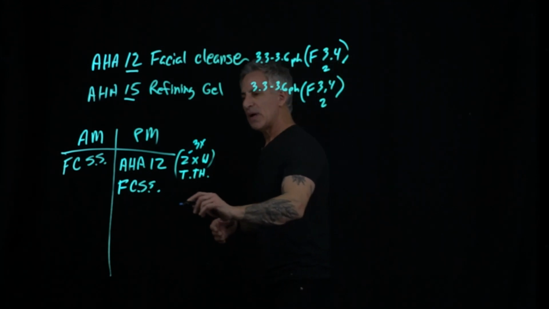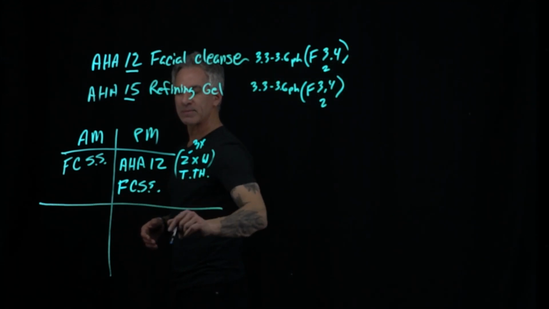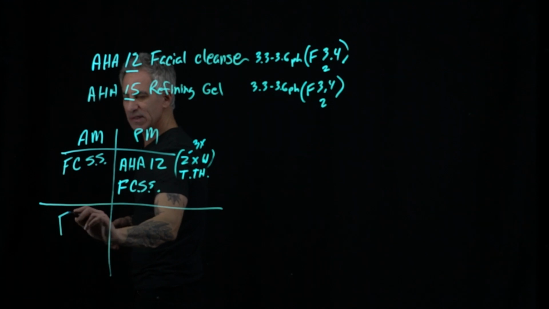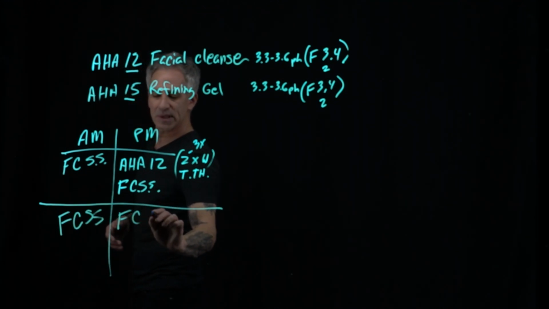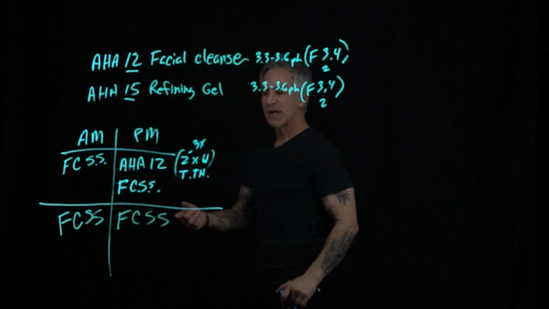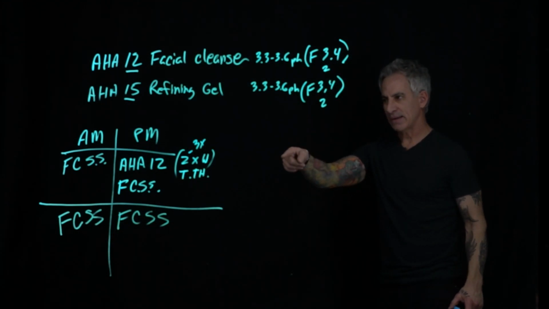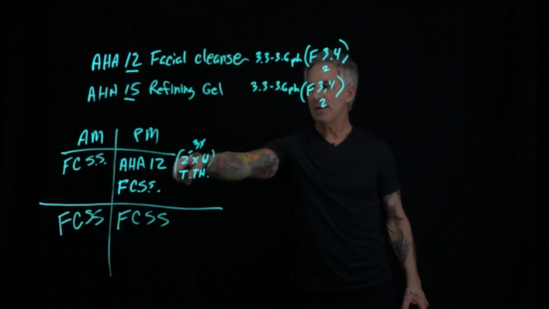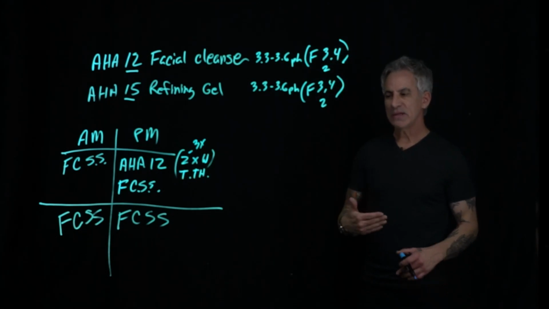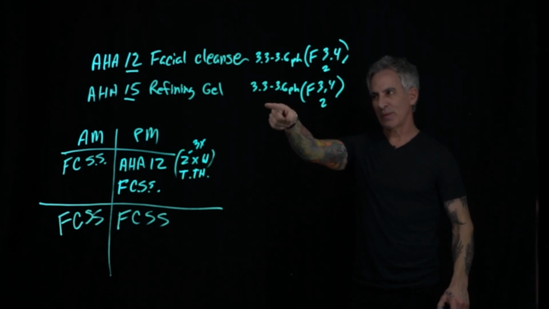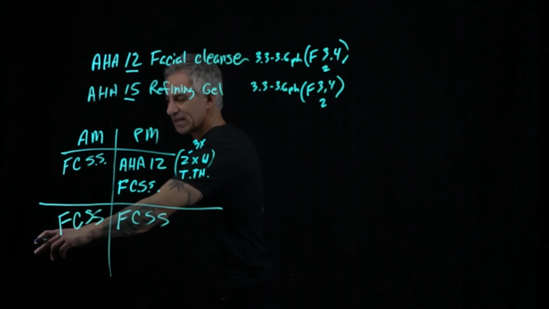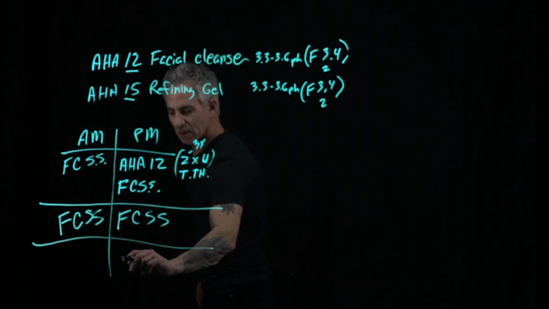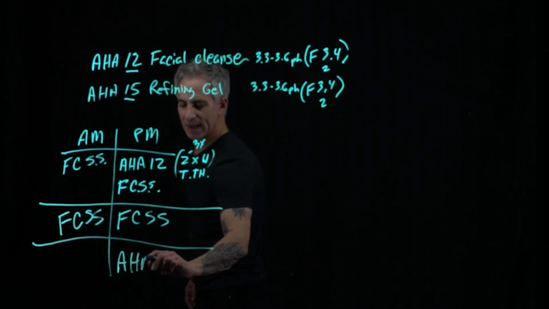All right, so let's go ahead and talk about the AHA15. This is very similar. Facial cleanser, sensitive skin. Notice how I wrote these both at the top, like I did not do with this, because you're not cleansing. This is an added treatment when you're using the AHA15 refining gel, and it's going to be a second step in the PM.